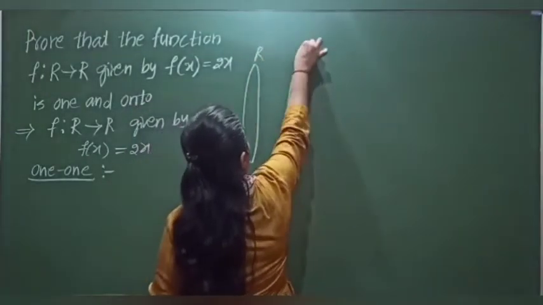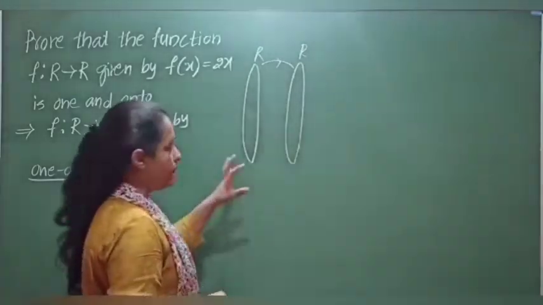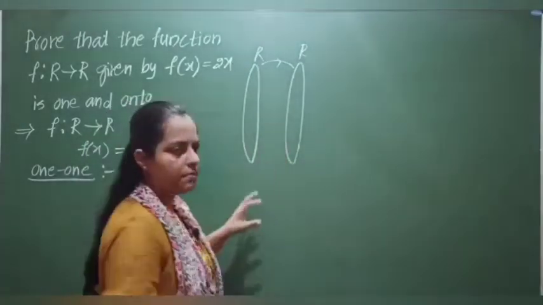So the function is from the set of all real numbers to the set of all real numbers, having all types of numbers.